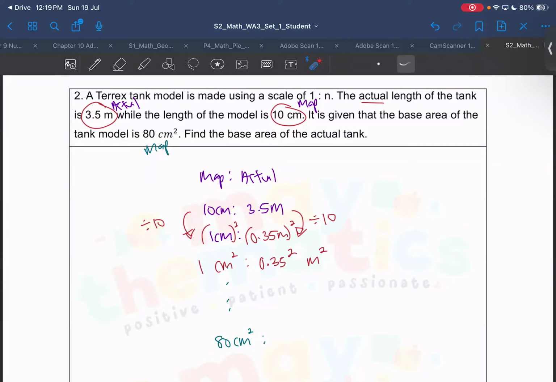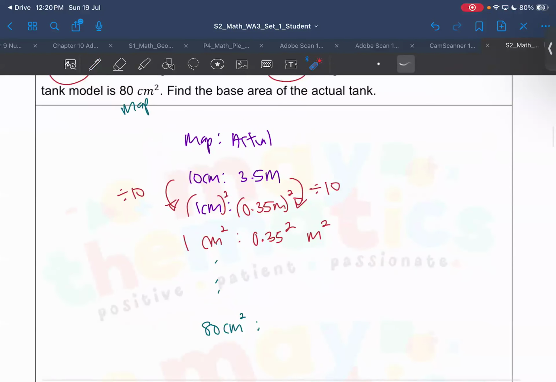Take note, as long as this one is a 1, if you square it, it will still be a 1. Can or not? 1 squared is 1 still. Your right side also must square. Can? So meters squared becomes meter squared. One key error I spot: usually students will forget to square 0.35. So they'll put this. Wrong. This square belongs to both this and this.